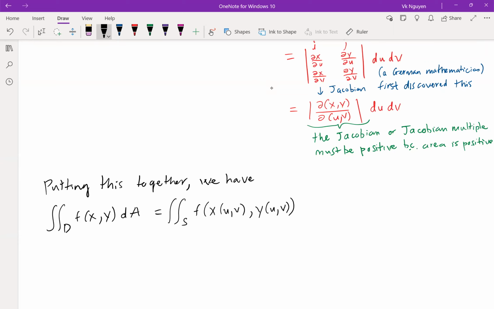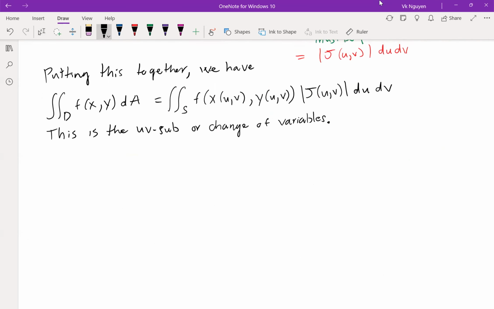I'm going to shortcut this even further: J. What is J of (u,v)? Because of the absolute value of this thing, du dv. Now it's pretty cool, huh? It's a nice formula here.